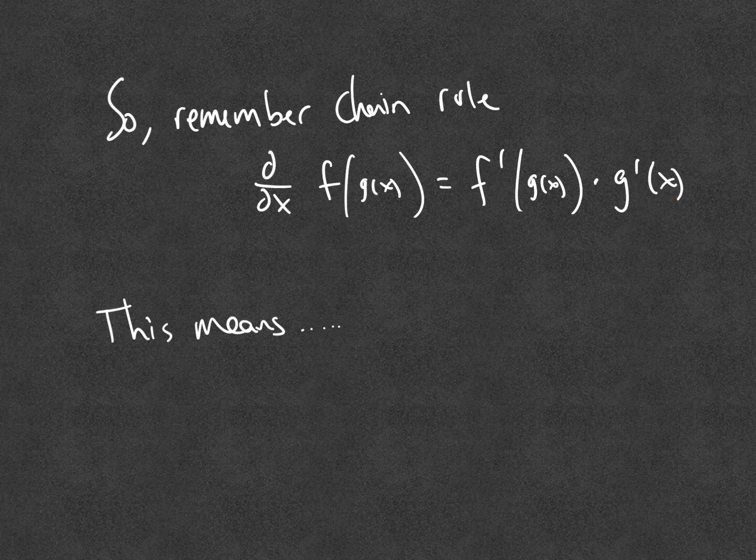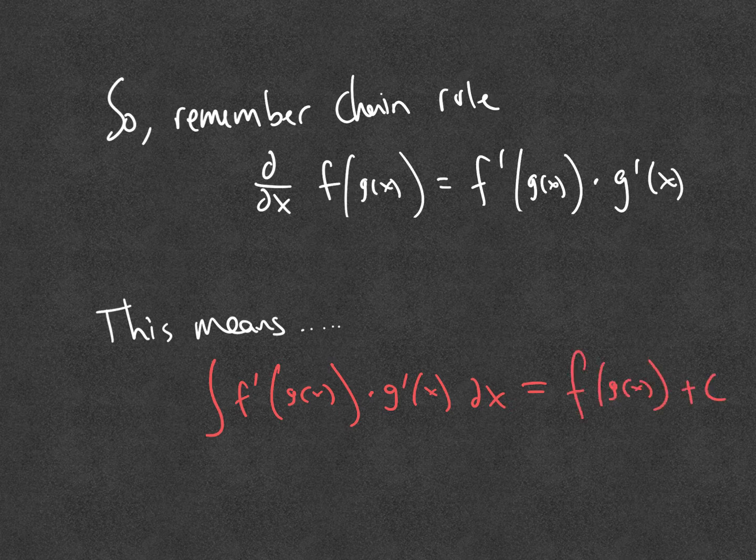That means we could go backwards. We could say that the integral of f prime of g of x times g prime of x dx would equal that original f of g of x plus c.